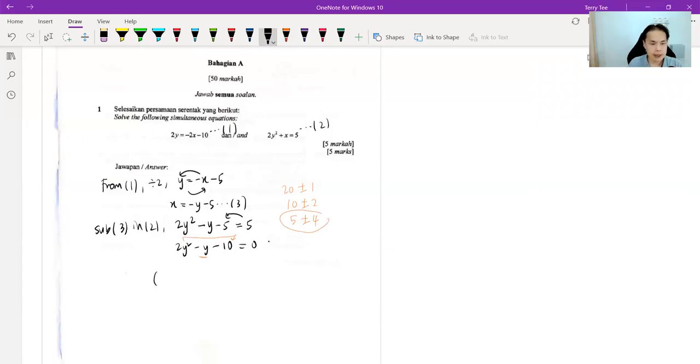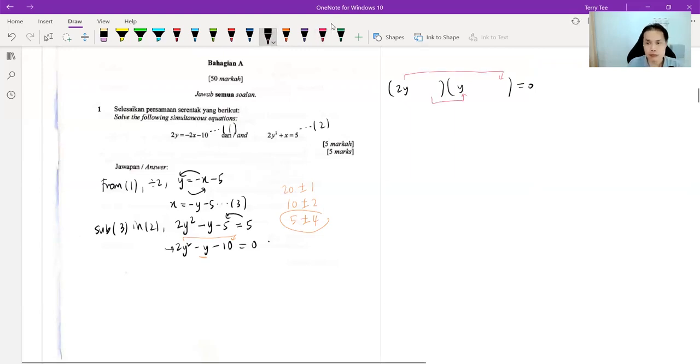Now let's double bracket factorize them. Okay, I think it's better for me to write over here. It's easier to see. So you have to use 5 and 4. But remember, you need to begin with 2y and y so that this will give us 2y squared. To get 5 and 4, meaning this must be 4, this has to be 5.